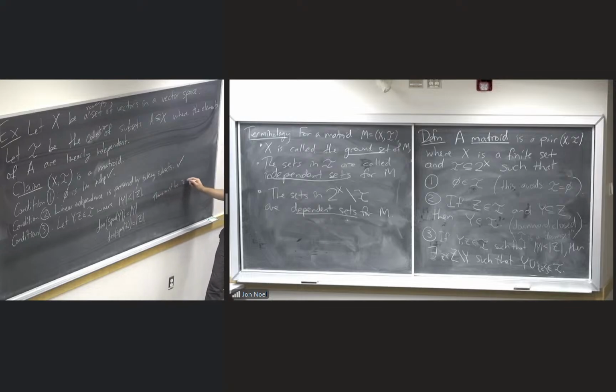So there must be some z in z that is not in the span of y, because otherwise, in other words, if every vector in z was in the span, what I mean when I take the span is take all the linear combinations, then the dimension of the span of z would be at most the size of y, but it's bigger than the size of y, right?